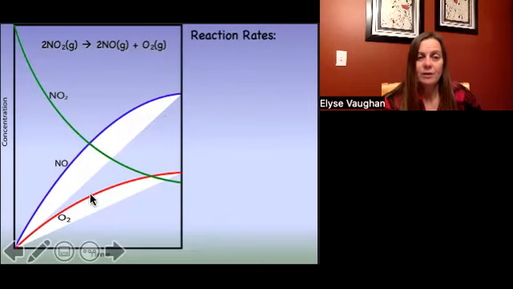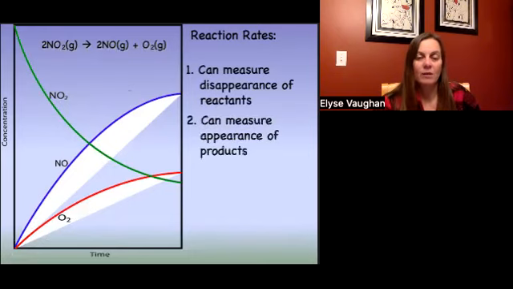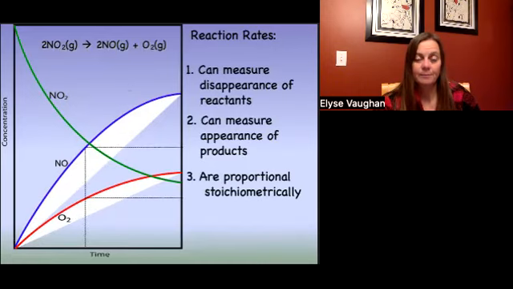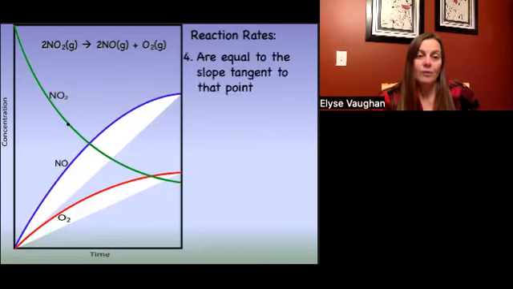But the concentration of oxygen is increasing at 1/2 the rate that the concentration of nitrogen monoxide is, or that the concentration of nitrogen dioxide is decreasing. And that's because of those stoichiometric coefficients, or those mole ratios. So we can measure the disappearance of the reactants, we can measure the appearance of the products, and it's always going to be proportional stoichiometrically. They're also always going to be equal to the slope tangent to a point. That's going to give us an instantaneous reaction rate. Okay.